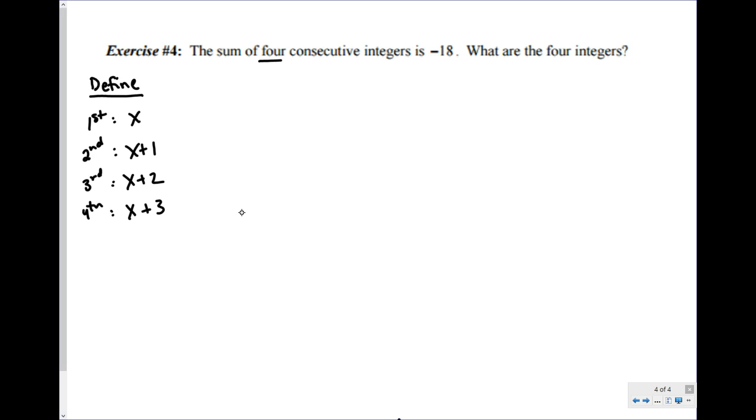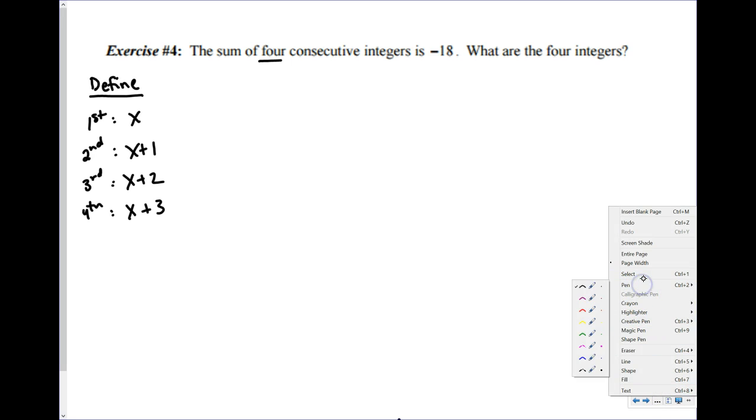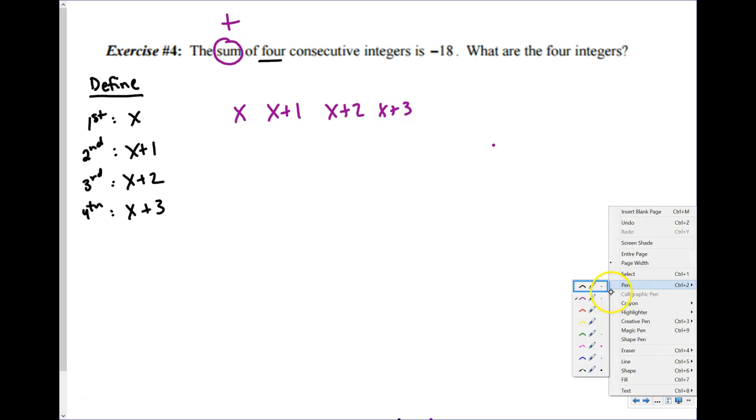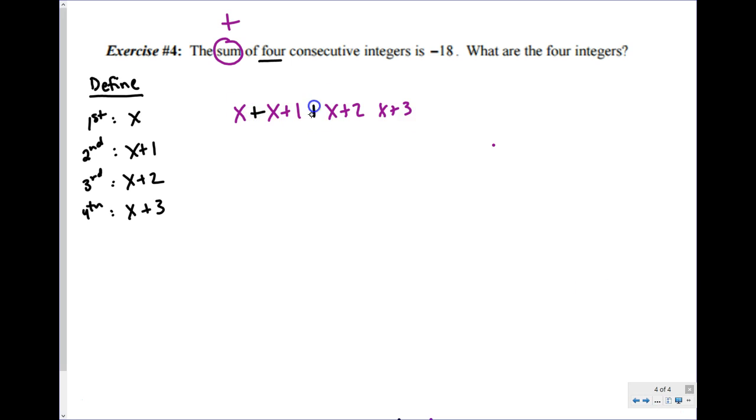Alright? Now what are we working with? We're working with the sum of all 4 of them, which is what makes this problem easy. Sum means we add them all up, so I'm going to say x plus x plus 1 plus x plus 2 plus x plus 3. I'm using different colors to show you that I'm adding these 4 different integers together.